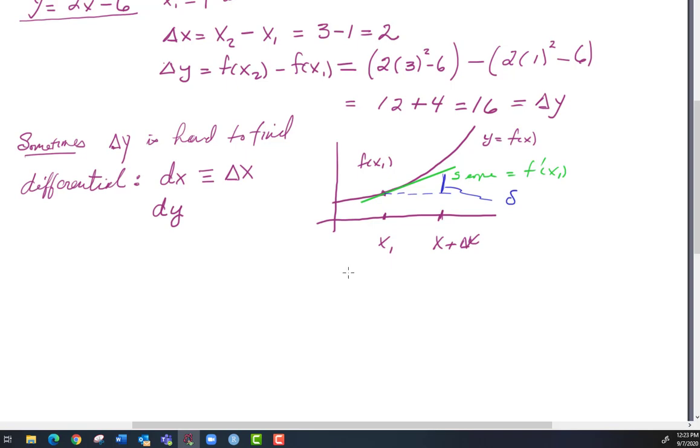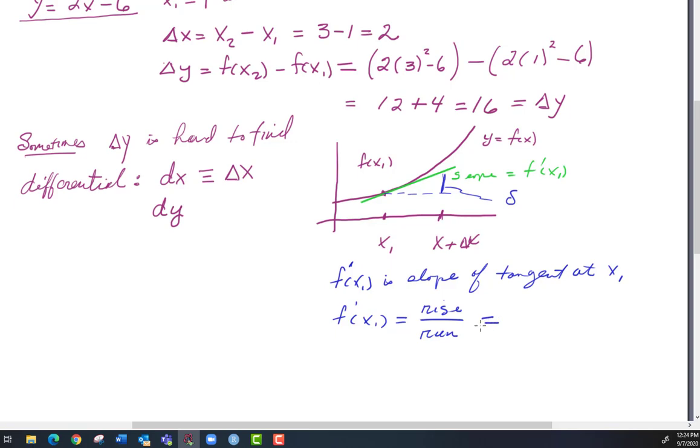So if we remember that f prime at x1 is the slope of the tangent at x1, then f prime x1 would be equal to, going back to some earlier math in an algebra course, the rise over the run.